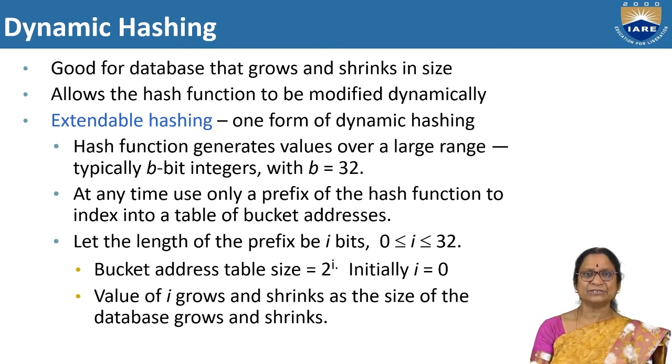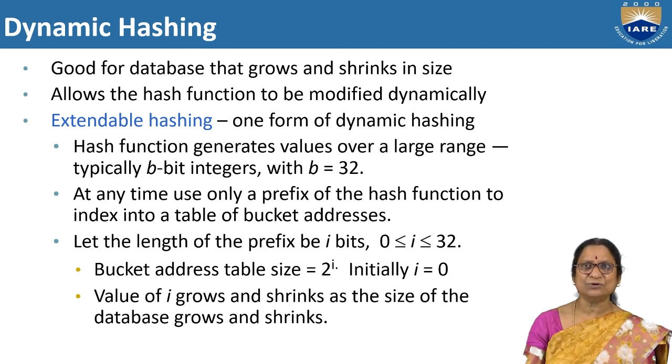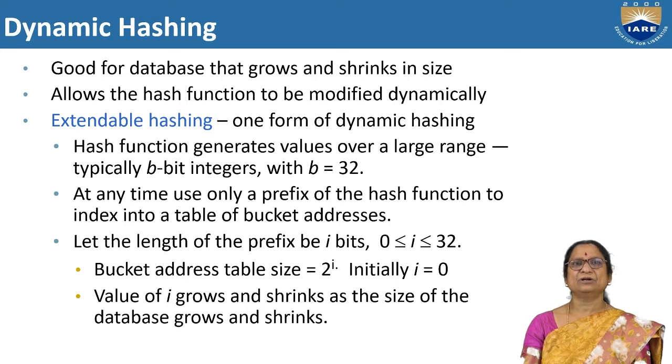Extendable hashing is based upon the binary address of the bucket. This is one form of hashing, and the hash function generates values over a large range, typically b-bit integers. For example, b may be 32.